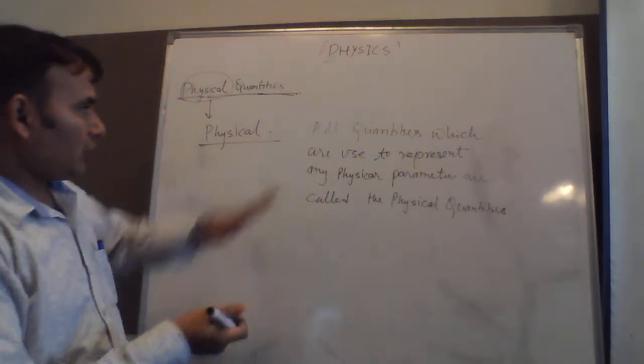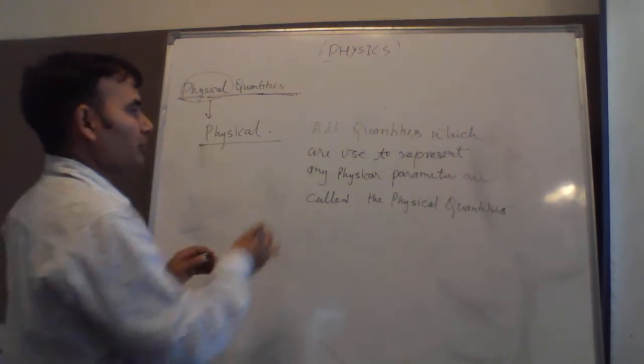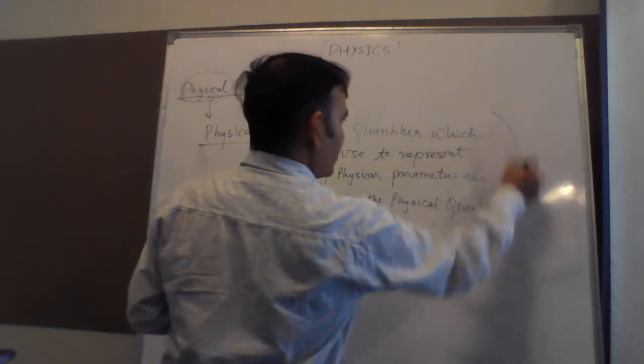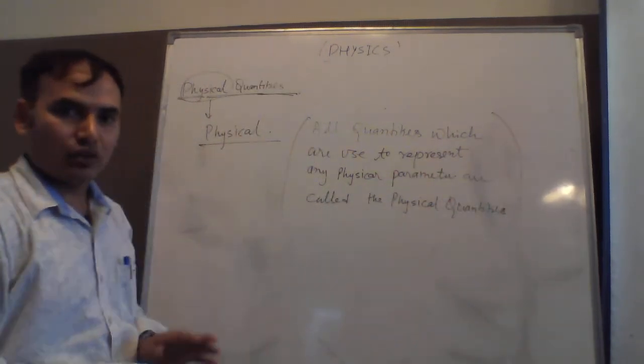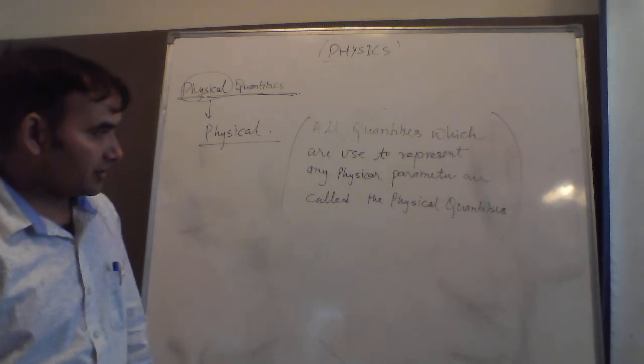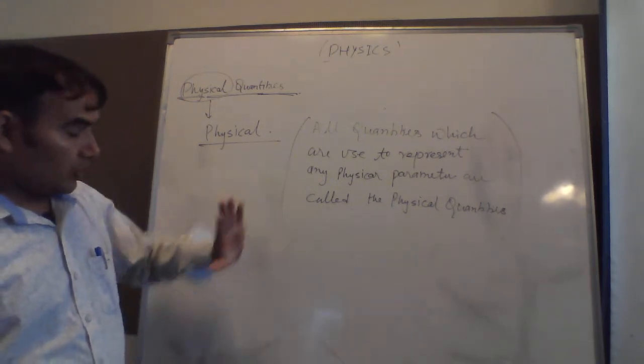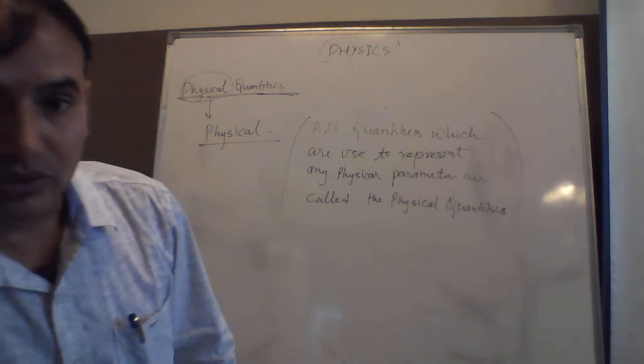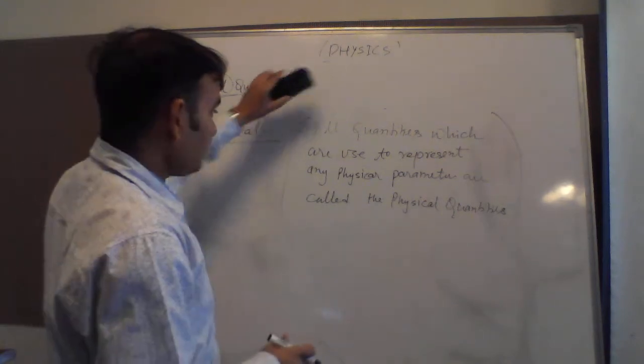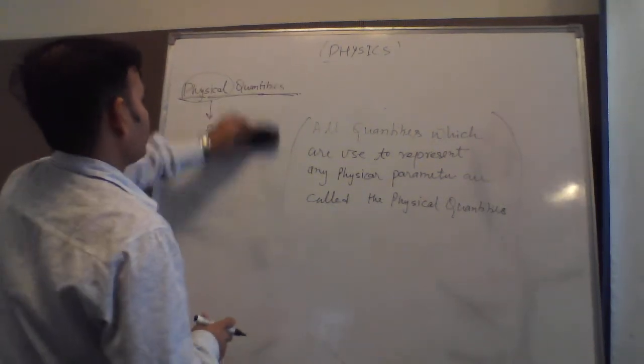Right? So all those quantities which are used to represent some physical parameter or any physical parameter are called the physical quantities. Right? Now, the most important thing about the physical quantities is their types.